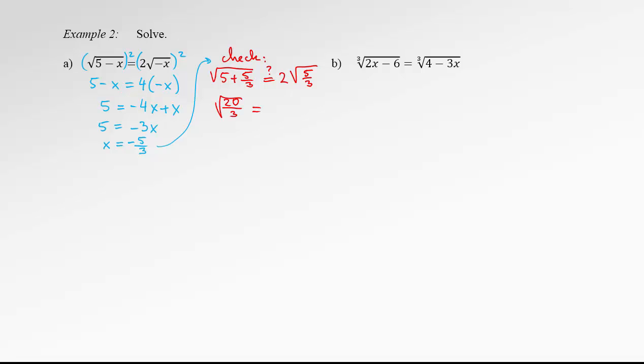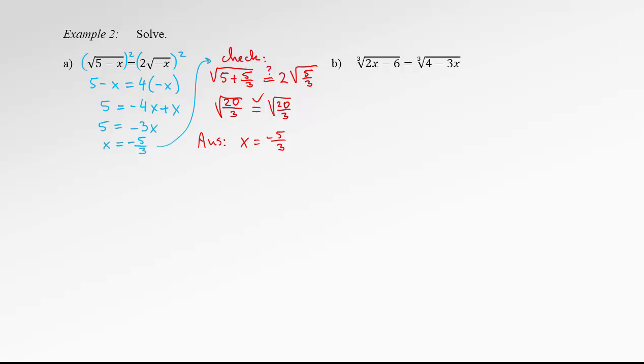And here, if we bring the 2 under the root, it becomes 4. 4 times 5/3, it's also 20/3. So yes, it looks like this root works. Therefore, our final answer is x equals negative 5/3. Even though it wasn't very pretty, it is still a root.